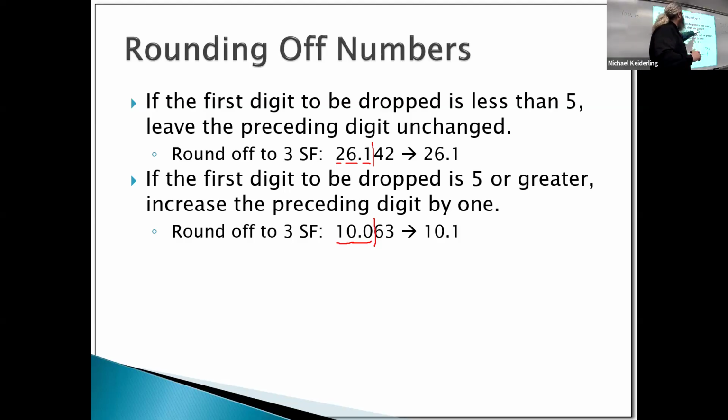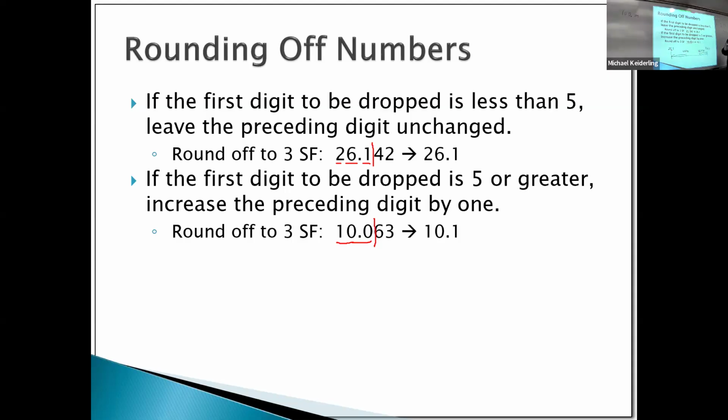So if that digit is less than 5, like here, 26.142, that is closer to 26.1, so it'll go to 26.1. But if it was higher, like 26.170, so that'd be about here, it would go up to 26.2, because that's closer to 26.2 than to 26.1.